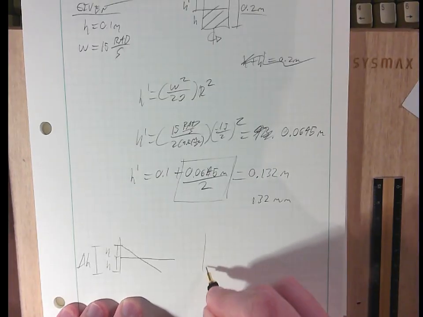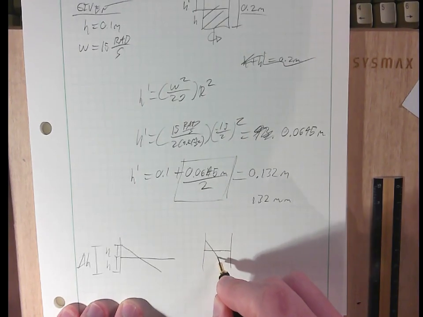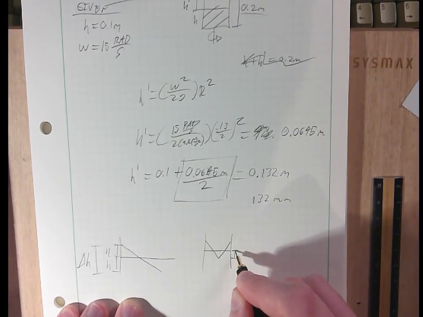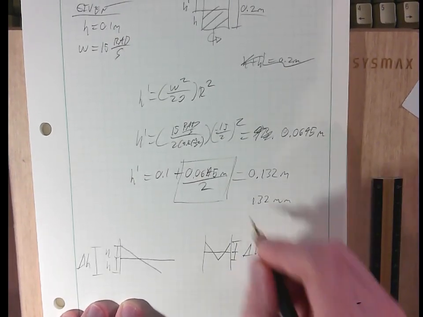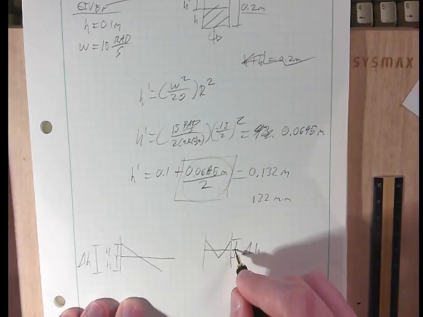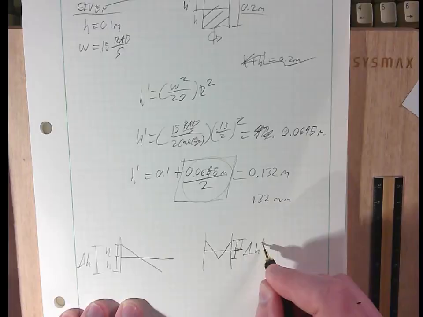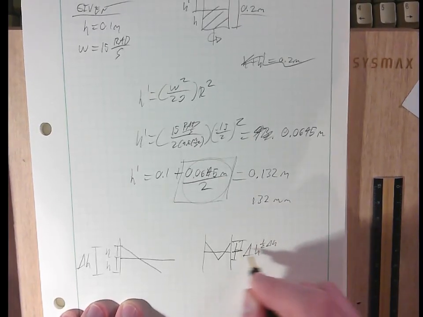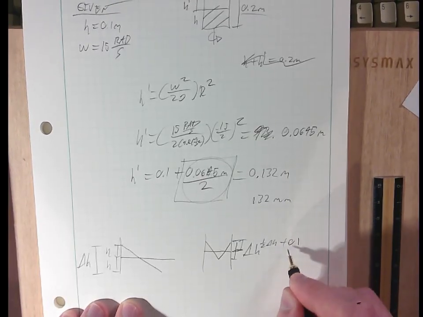Well, with the centrifuge force, we have a resting fluid here, and as it's spun, it's going to do the same thing. Some of it is going to go below, and some of it is going to go above. And this is our delta H, which is this. So we want to know what is this part right here. So this is going to be 1/2 delta H plus our initial, which is 0.1.